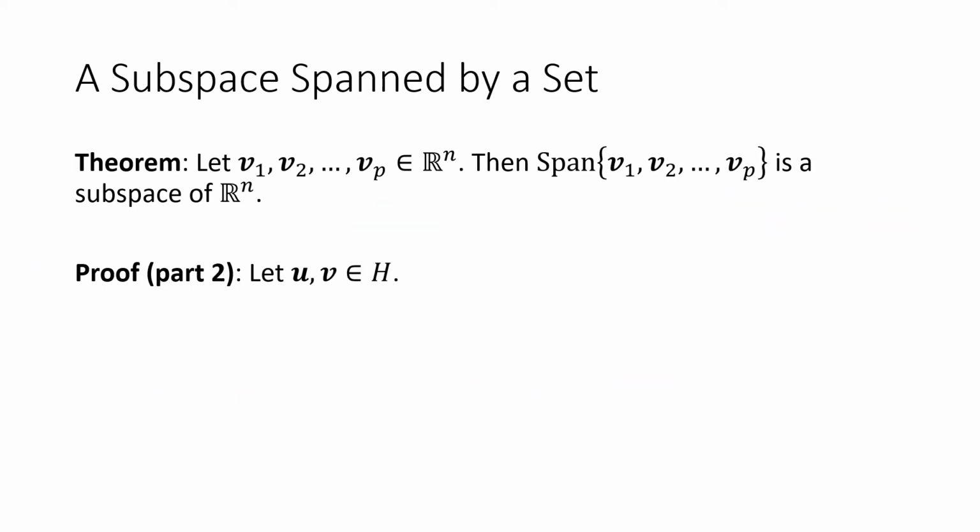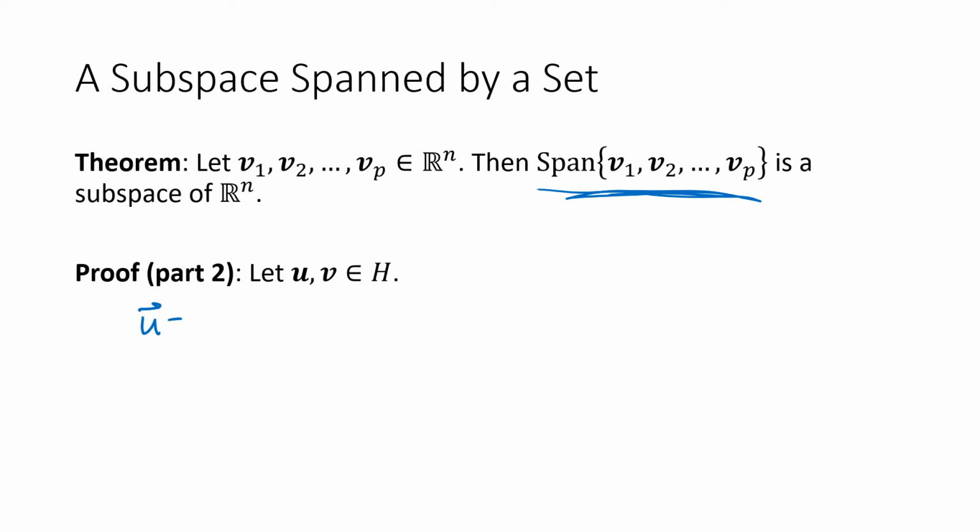For the second step, we have to show that this set is closed under vector addition. What that means, again, is that we have to be able to take any 2 vectors out of this set, add them together, and make sure that we get another vector in this set. So we start by saying let u and v be vectors in H. What do we now know about u and v? Well, not much, but we know that u and v are in this set H, which is the set of all linear combinations of those v vectors.